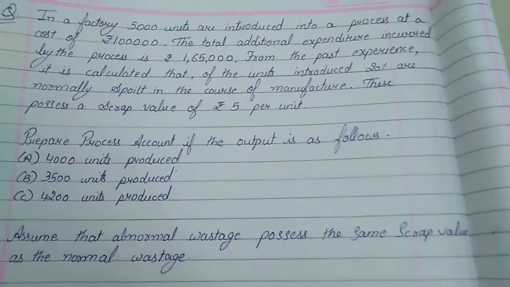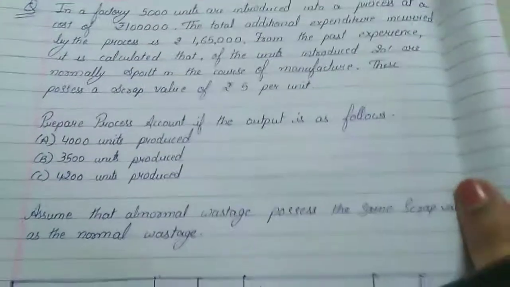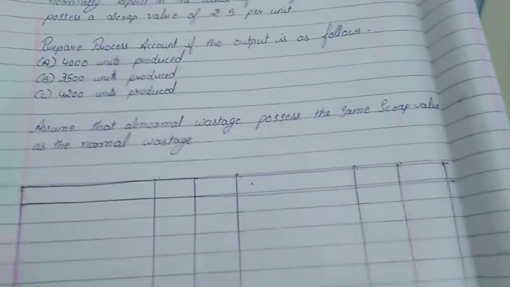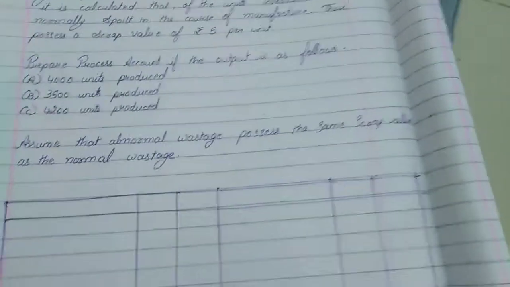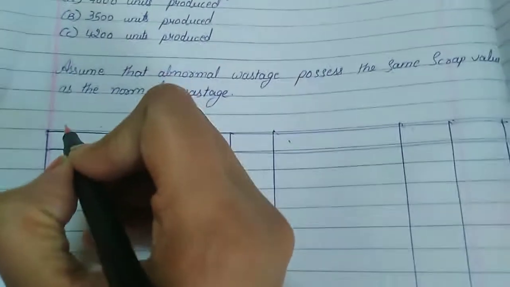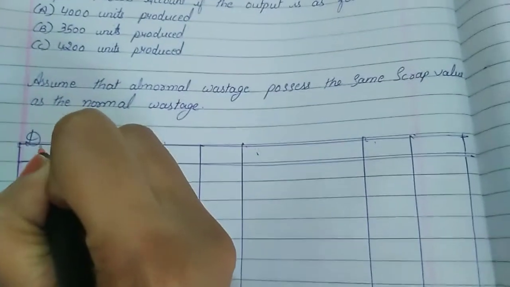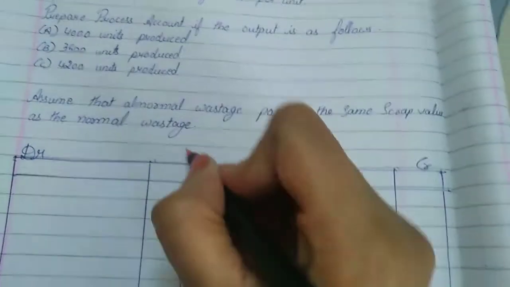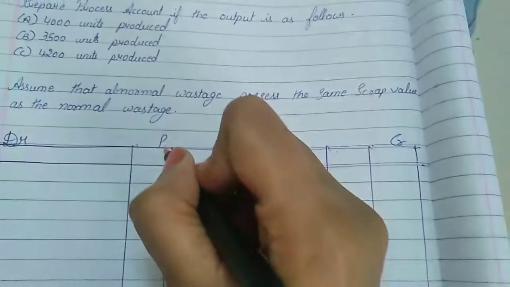Okay, now we will start our answer from the table. Here we will write debit, credit, process account.